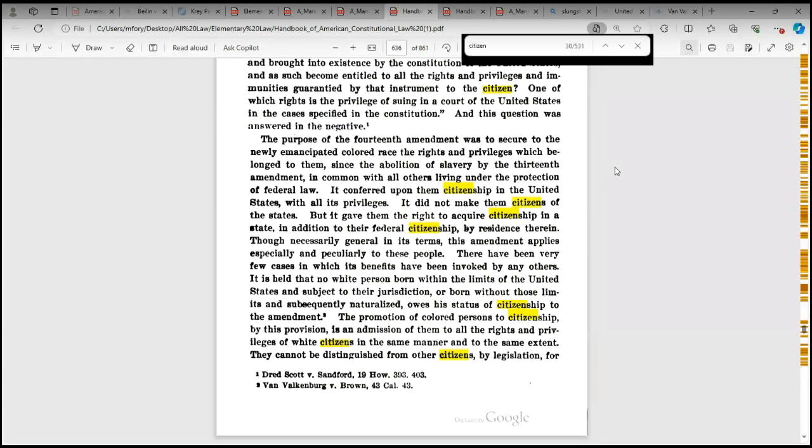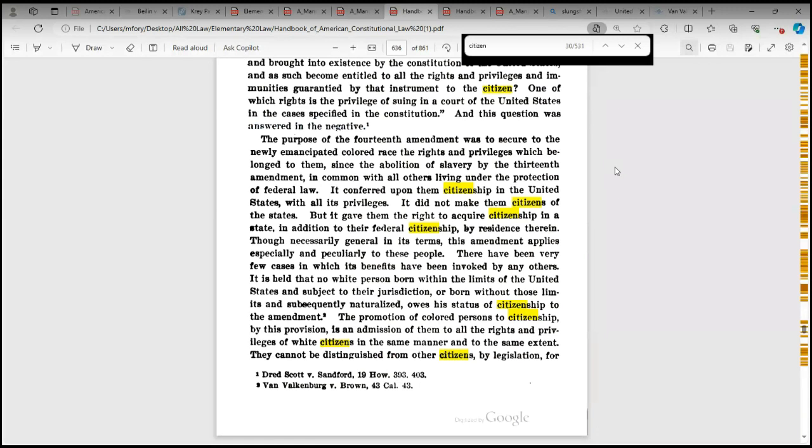It did not make them citizens of the states. Remember this. The act itself did not make them citizens of the state. Something else had to be included in that for them to become citizens of a state. But it gave them the right to acquire citizenship in a state, in addition to their federal citizenship, by residence therein.